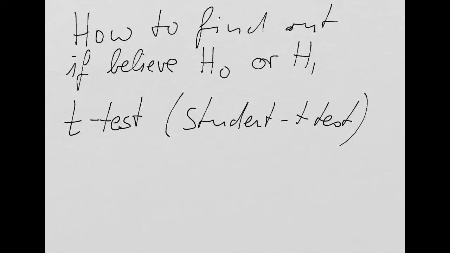And he developed this test, but his employer didn't want to know where this test had been developed and how the Guinness brewery was using this test, so he couldn't publish it under his rightful name, and so he published it under the pseudonym Student, and ever since it's known as the student t-test.